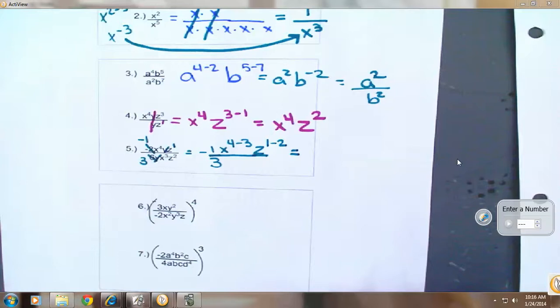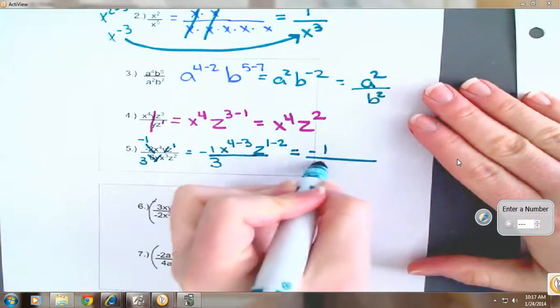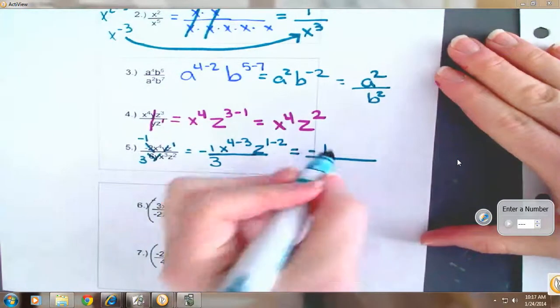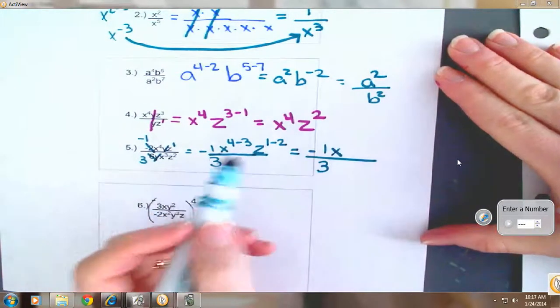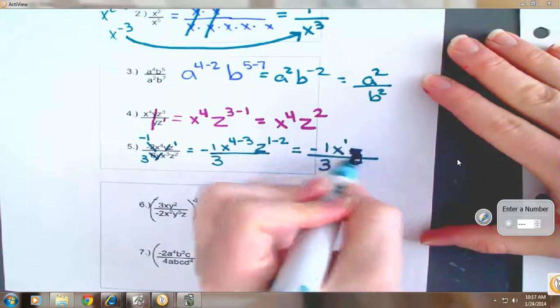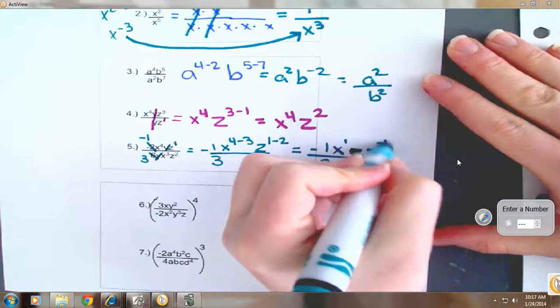Be negative 1. So let's clean this up a little bit. We have negative 1, divided by 3. We have x to the first power, and z to the negative 1 power.